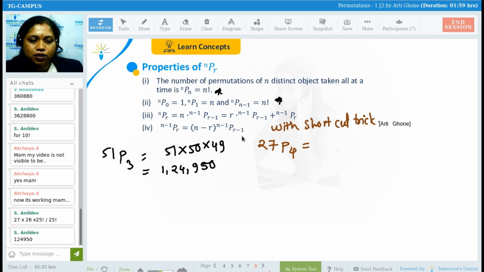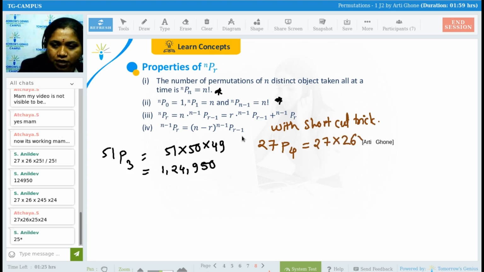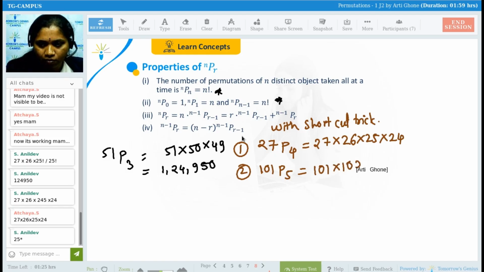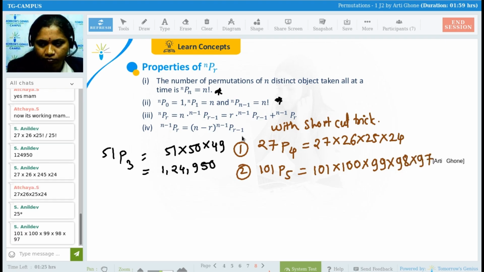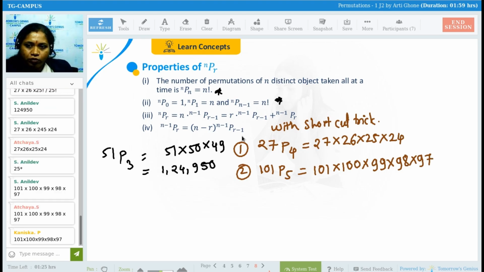It will require hardly 1 second to think about which terms are to be multiplied. 27 into 26 into 25 and into 24. 4 terms you are multiplying. Good. Now I want 101P5. What will you do? Good. So this is a shortcut for permutations.